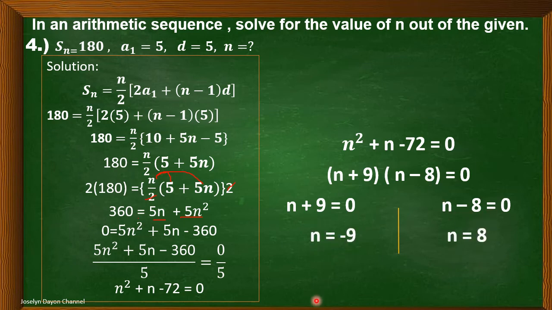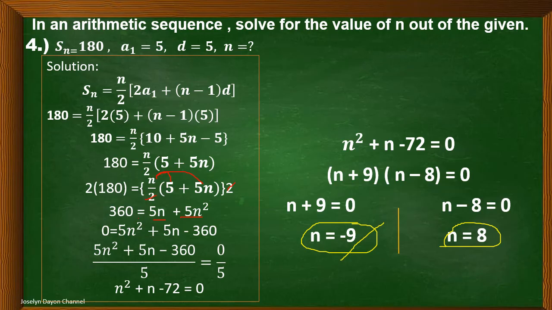Solve for n. So we transpose 9 to the right side, so we have n is equal to negative 9. And on the other hand, we have n is equal to positive 8. But when we go back to the problem, we cannot have a value of negative 9 because it will not satisfy the given.